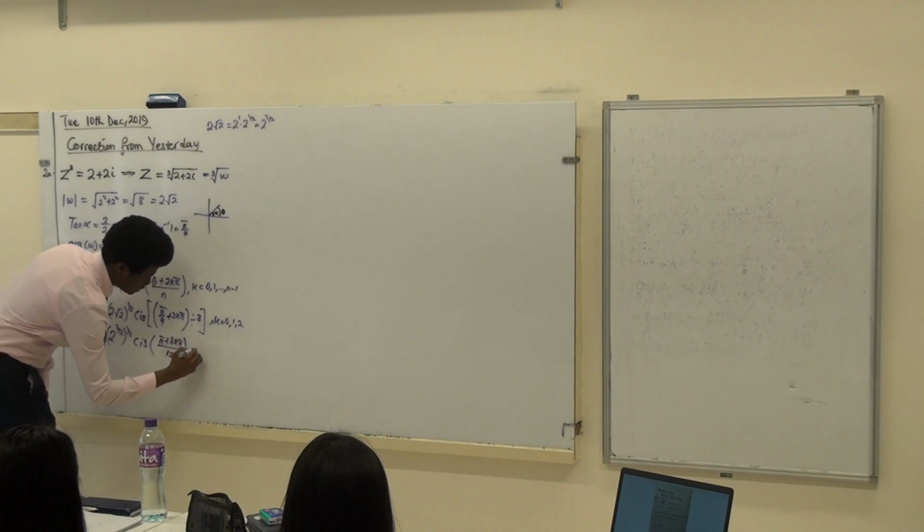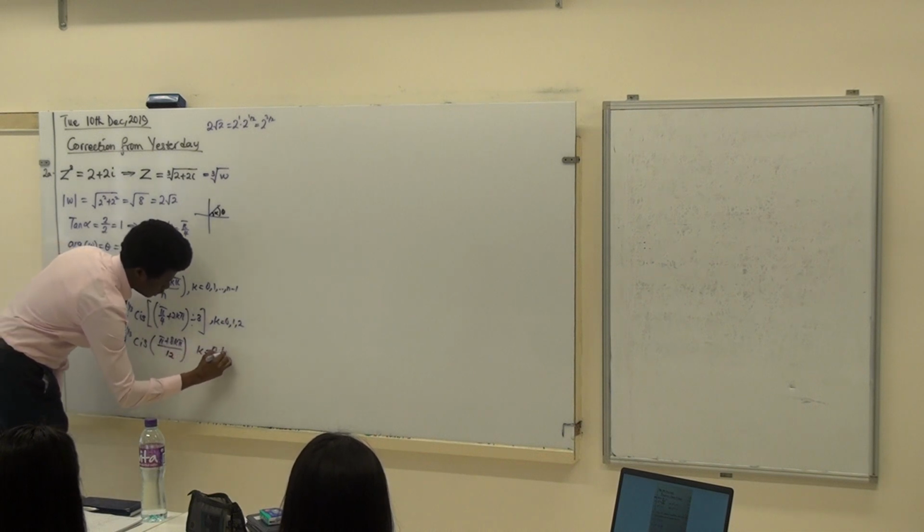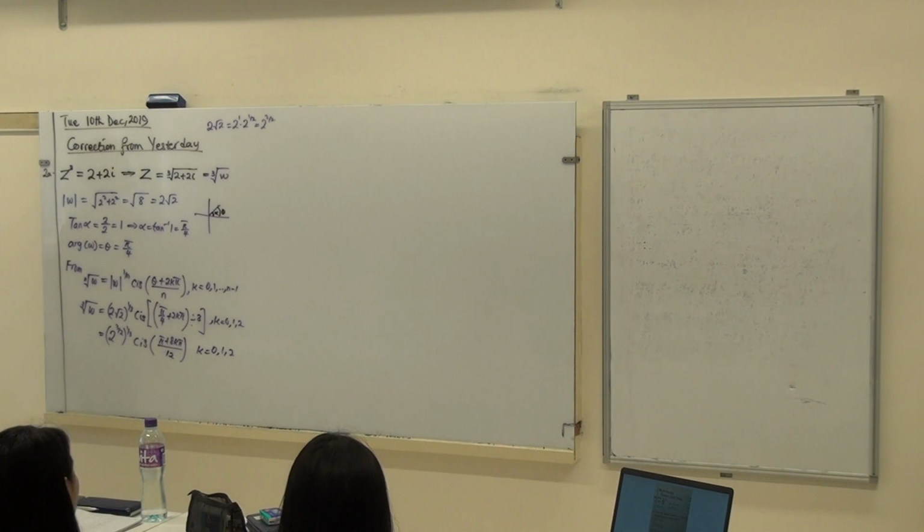And k is 0, 1, 2. I'm just trying to simplify so we don't have to write too much all the time, because each time we're going to substitute. So let's at least have a simplified form before bringing in the k's. This can be simplified further to 2 raised to the power 1 over 2, which is the most simplified form.